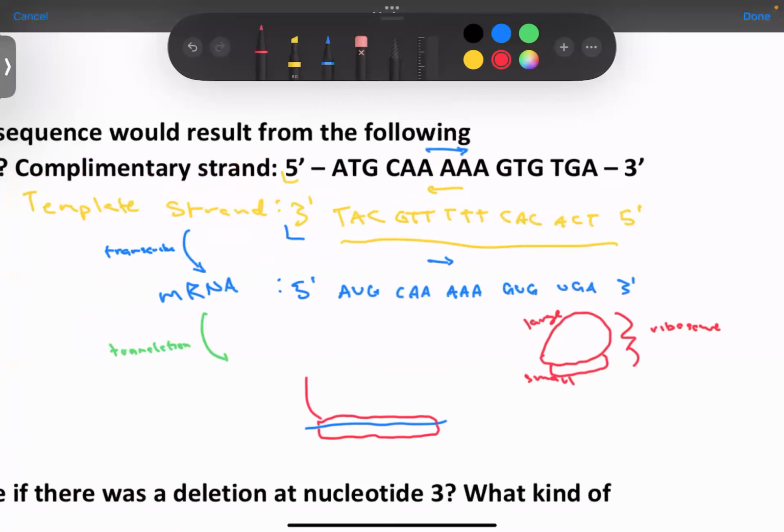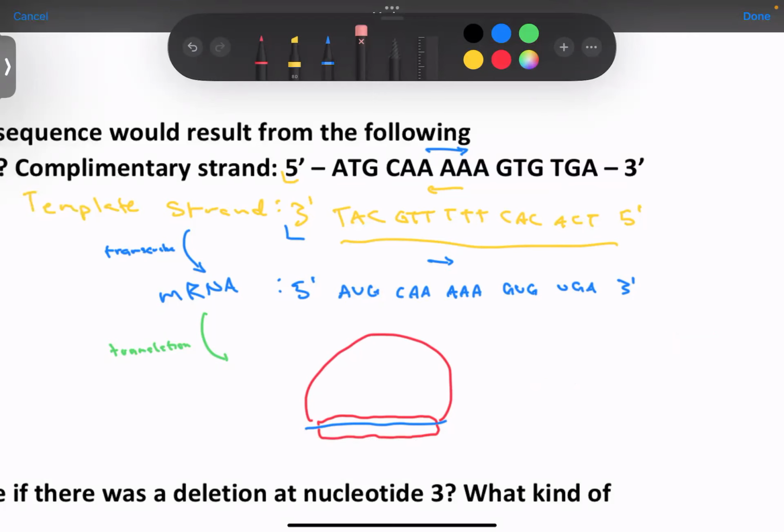And with the large subunit, let me redraw that. It's going to invite the large subunit to come and sit on top. And with the large subunit, that brings with it some important players in our translation. I'm trying to figure out what colors I should use.